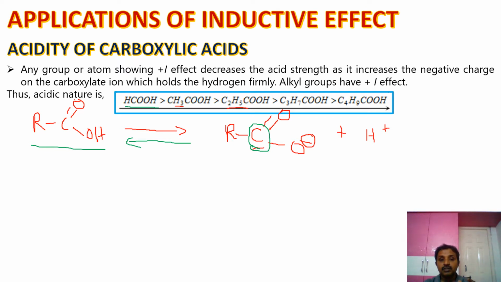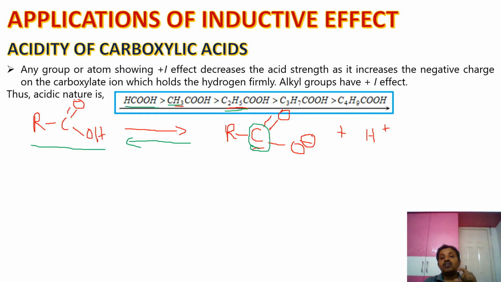Here, for formic acid, the COOH group has only a single hydrogen, whereas here the CH3 group, an alkyl group, is added. Here C2H5, as the alkyl group is increasing, C3H7, as the alkyl group is increasing, the tendency of releasing electron density onto the carboxylate group increases.